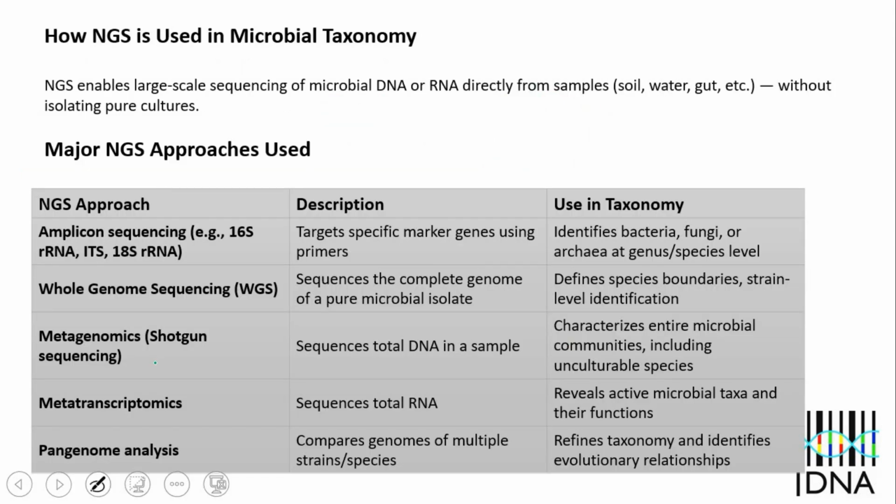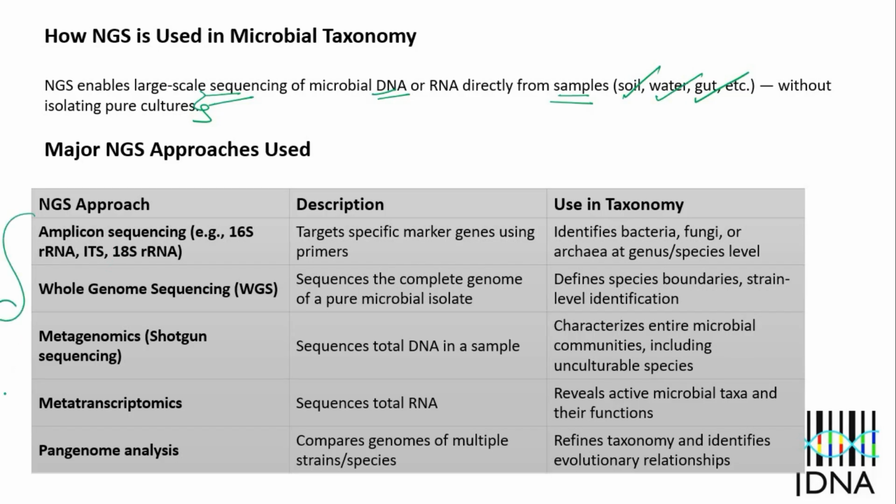Now, how do we use NGS in microbial taxonomy? NGS enables large-scale sequencing of microbial DNA or RNA directly from the sample. Your sample may be soil, water, or gut, without isolating and culturing, by the help of third generation sequencing like PacBio sequencing and Oxford Nanopore sequencing.